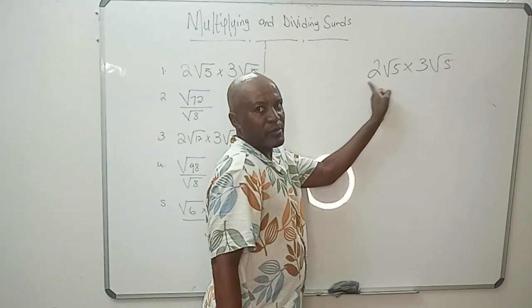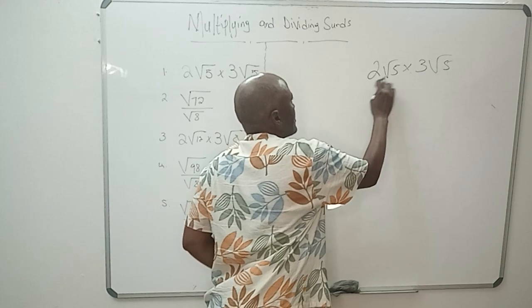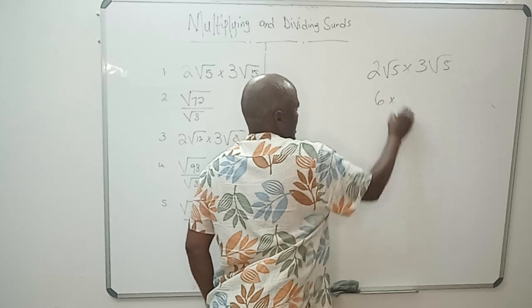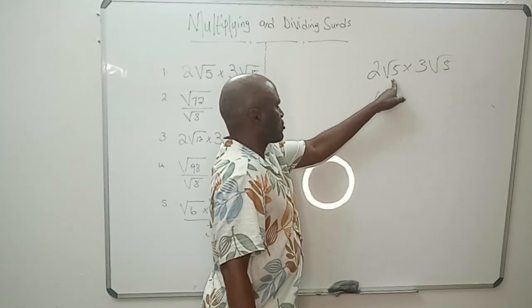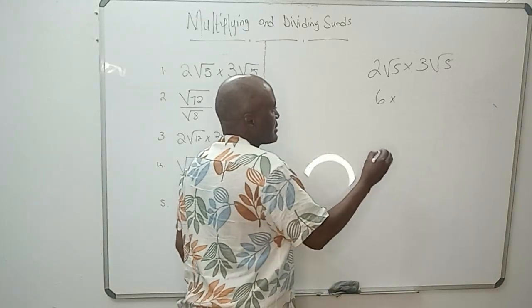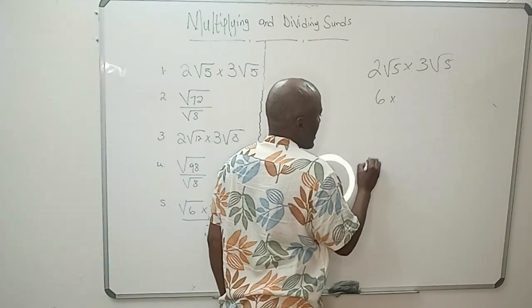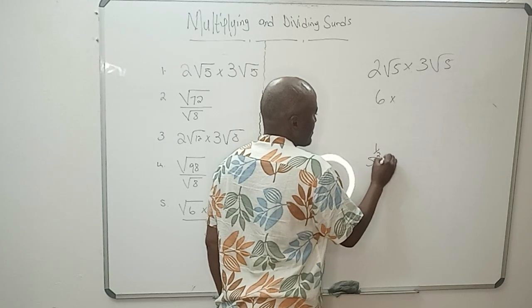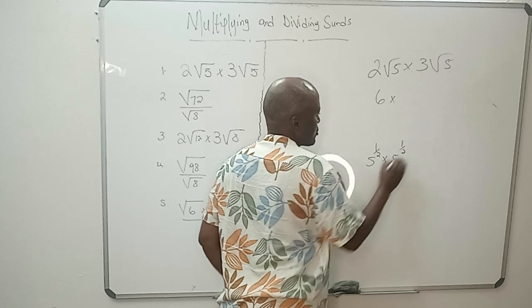We just need to multiply the outside. We get 2 multiplied by 3, we get 6, multiplied by that. Now, what is the square root of 5 multiplied by the square root of 5? This is the same as 5 raised to 1 over 2 multiplied by 5 raised to 1 over 2.